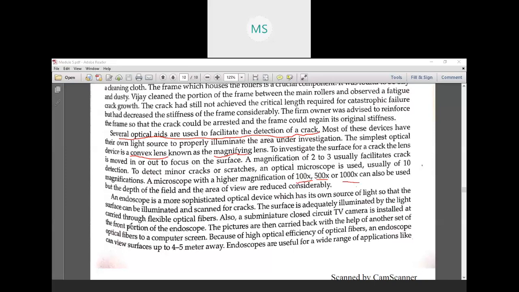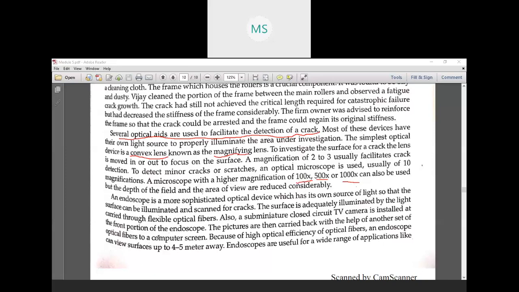Okay, in that, endoscope is a more sophisticated optical device which has its own source of light, so that the surface can be illuminated and scanned for the crack. Okay, the surface is adequately illuminated by the light carried through flexible optical fiber.